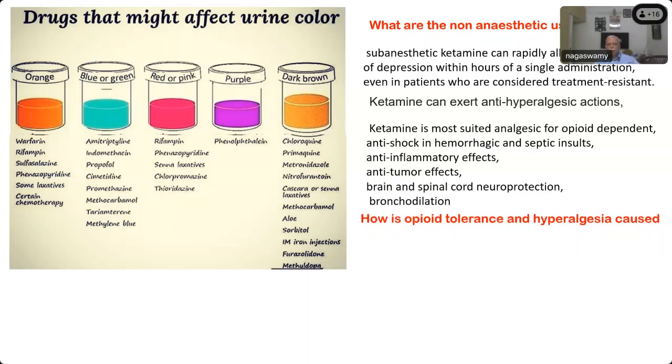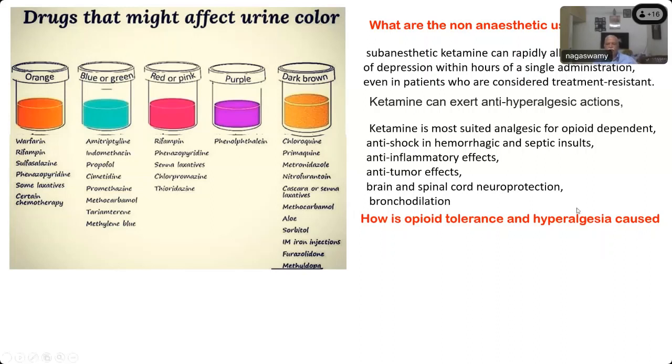How are opioid tolerance and hyperalgesia caused? What is the mechanism? Which type of people will develop opioid tolerance and hyperalgesia? Chronic users, especially terminally ill patients who are given large doses of opioid for pain relief, are the ones who go into this problem.